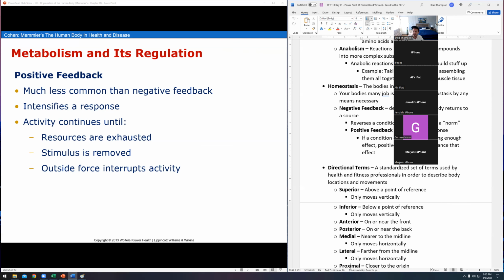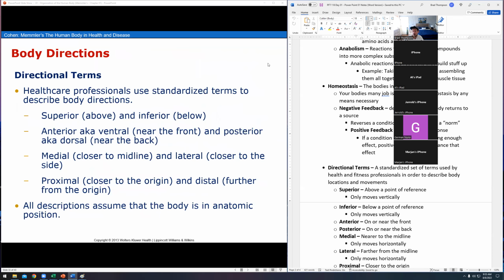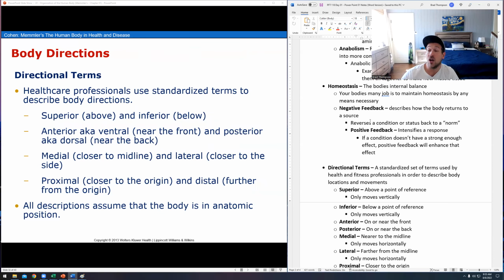But let's say it's not intense enough. It didn't work. And your body goes, wow, we need to really intensify that response and sweat even more. That's what positive feedback is. We don't see that quite as often because your body's pretty good at doing what it's supposed to do, right? So we use negative feedback to maintain our source, our homeostasis.